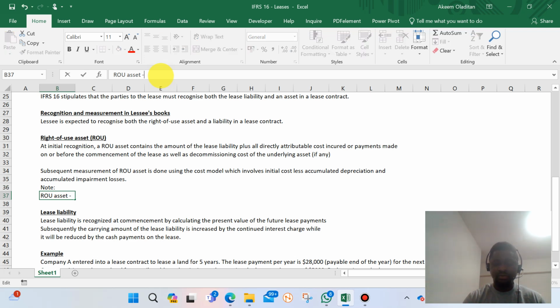ROU asset is equal to lease liability plus directly attributable cost or payment plus dismantling or decommissioning cost.